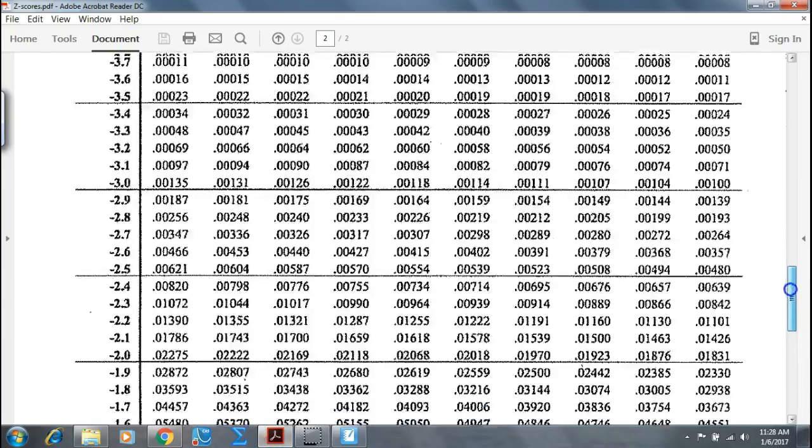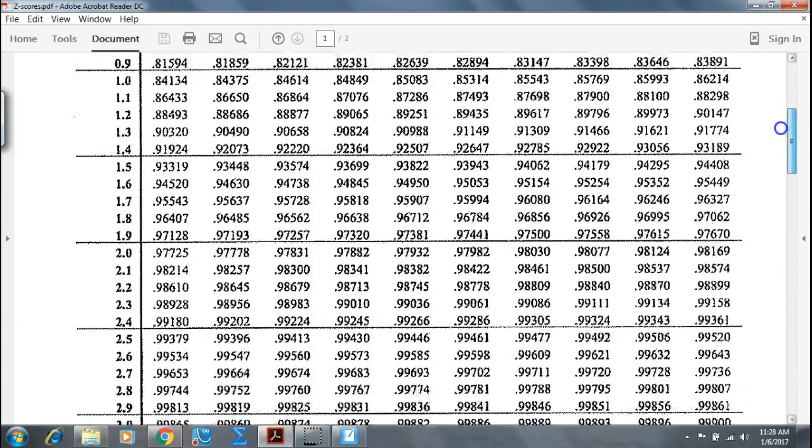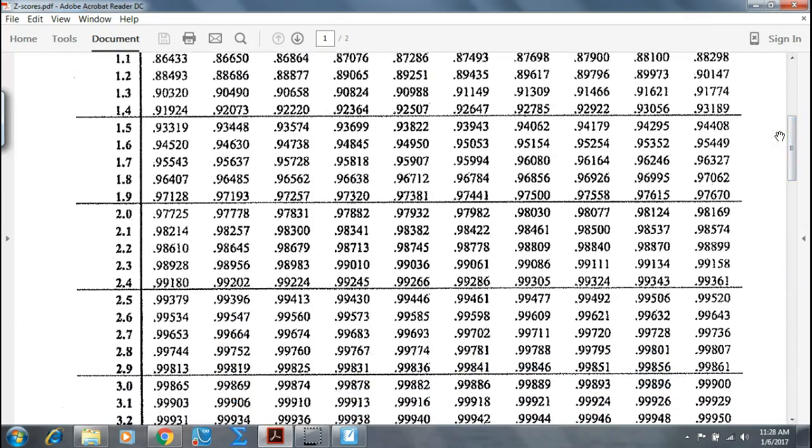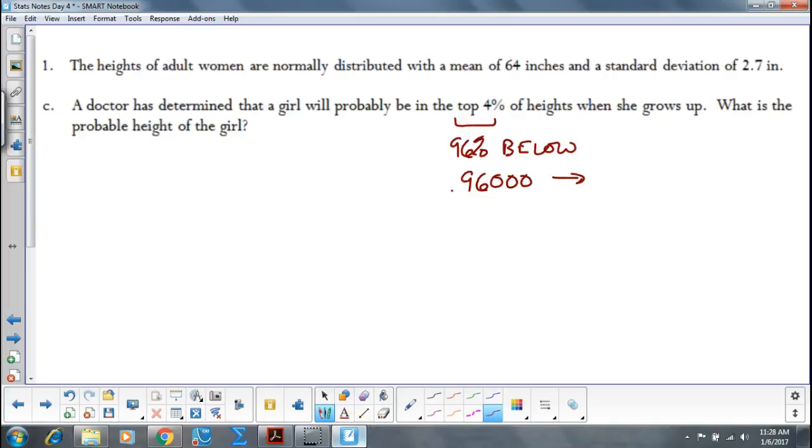Let's look at them. 1.76 is 80 above where I want to be, right? 1.75 is 6 below where I want to be. Which one's closer? 6. Okay? So I'm going to go here with a z-score of 1.75.